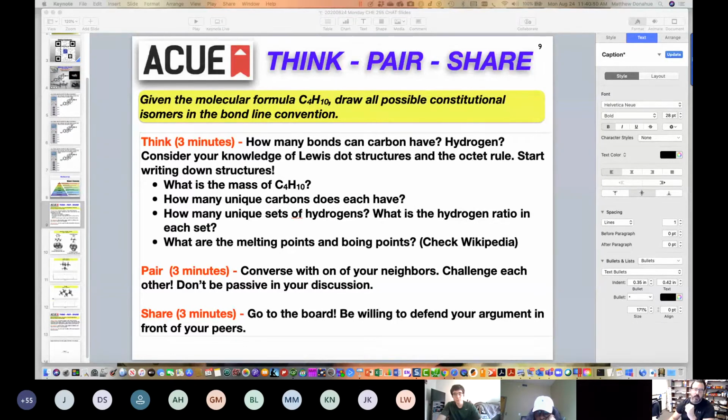So before I put the structures up, let's do the same for 2-methylpropane. How many unique sets of hydrogen atoms do you see? Again, there's 2, and then what is the ratio?